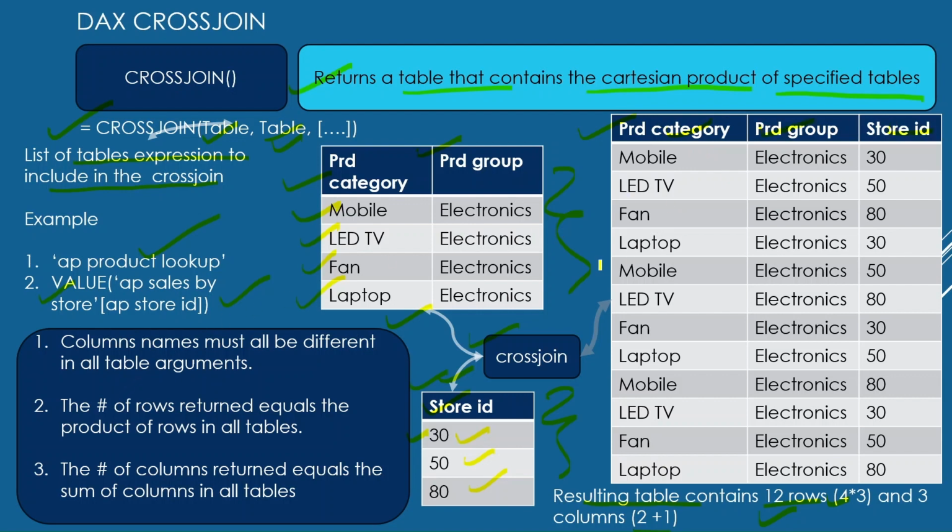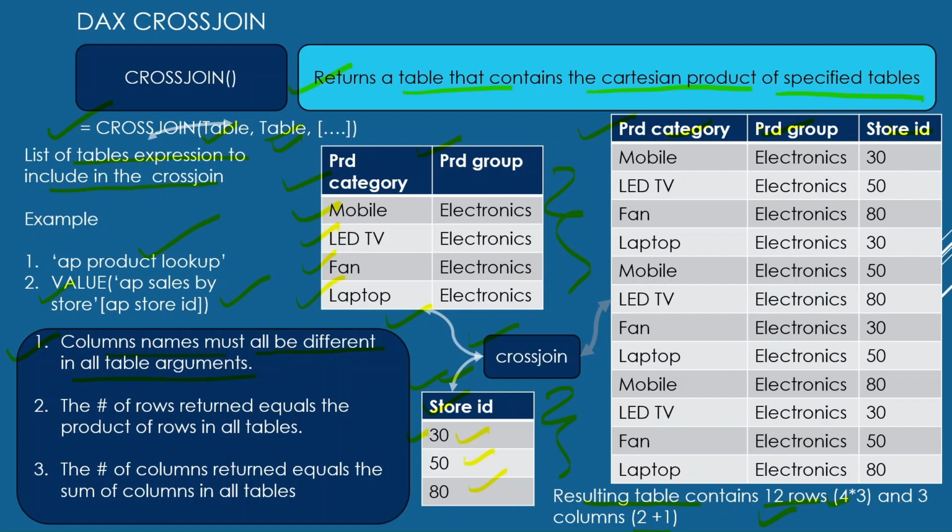Based on this, these are the points which we need to note. Column names must be different in all the table arguments. Suppose whenever we are doing a cross join, between the tables on which we are going to apply it, the column names must be different.